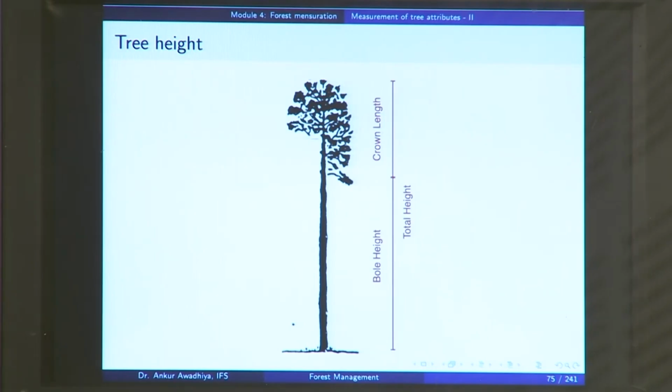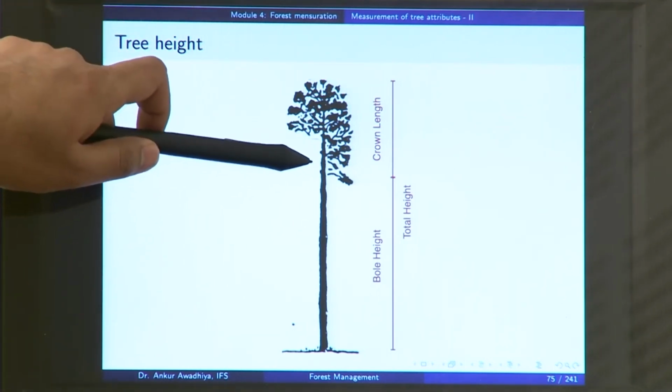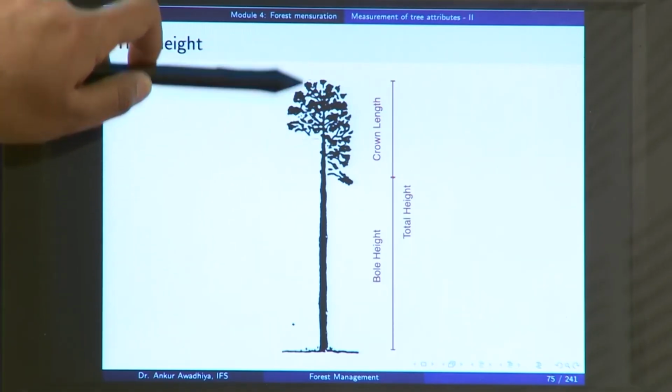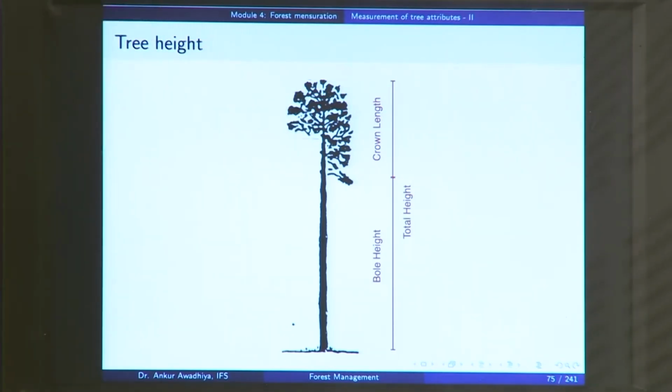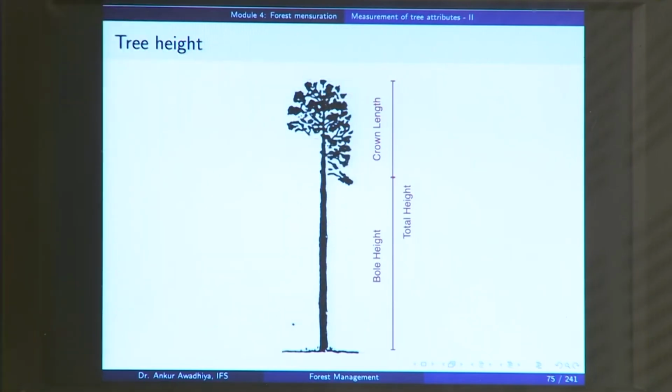They do not have a very large commercial value, but the bole has a very good commercial value. The length from this point to the top of the tree is known as the crown length, and the total height of the tree is equal to bole height plus crown length.